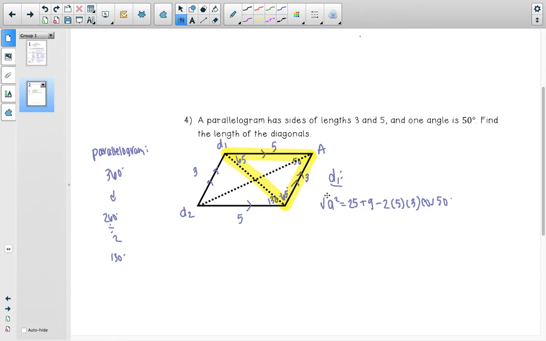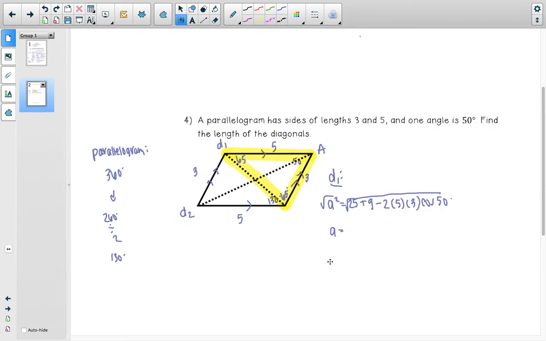And if we want to find A, you just take the square root of it, and you're going to plug this in your calculator. So I want you to go ahead and take the square root of 25 plus 9 minus 2 times 5 times 3 times cosine of 50. Okay. So go ahead and do that. Now this doesn't have a unit on it, so we're just going to put units for everything.